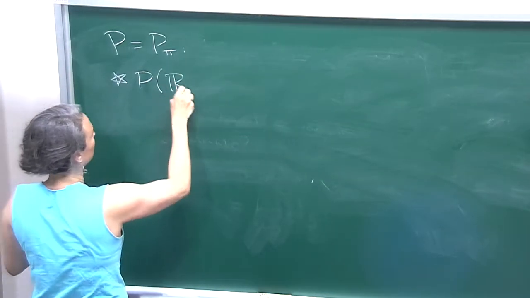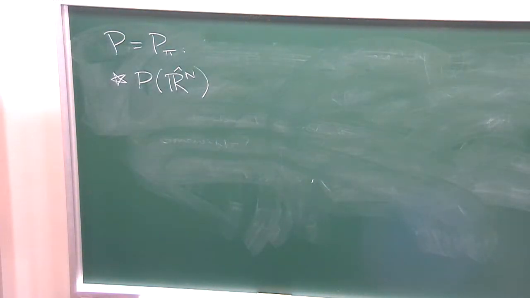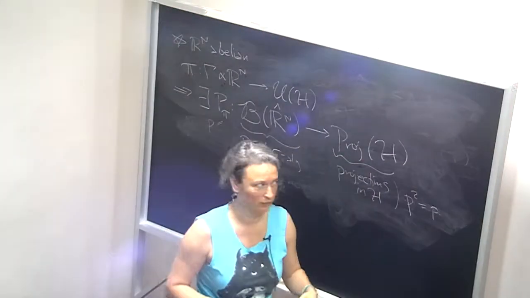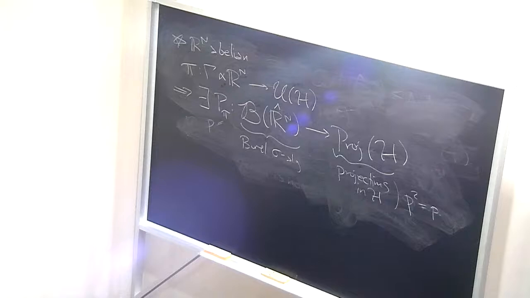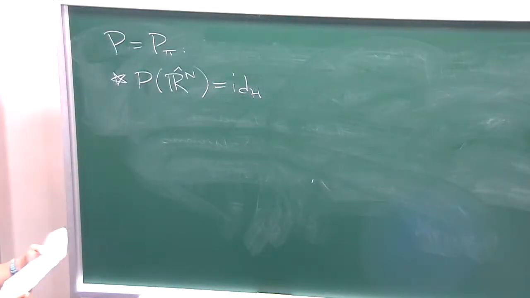I'm supposed to be assigning for every Borel set a projection, okay? So what's an example of a Borel set? Everything is a Borel set, Rn dual. So this is going to be the identity. The identity is a projection.